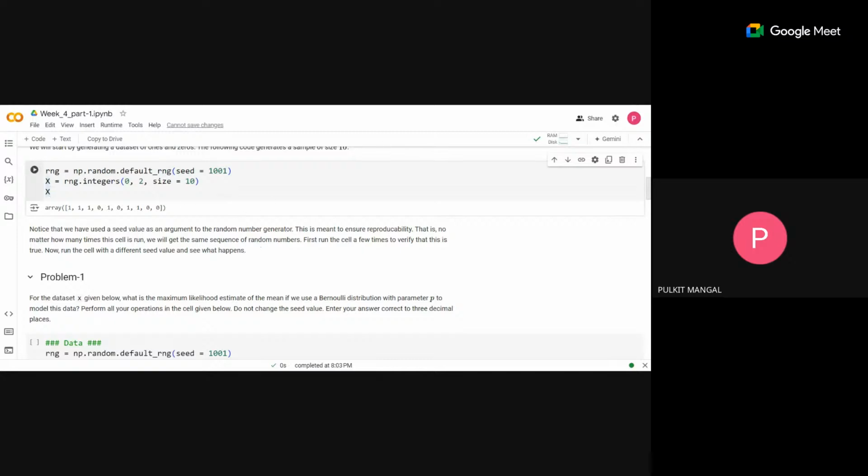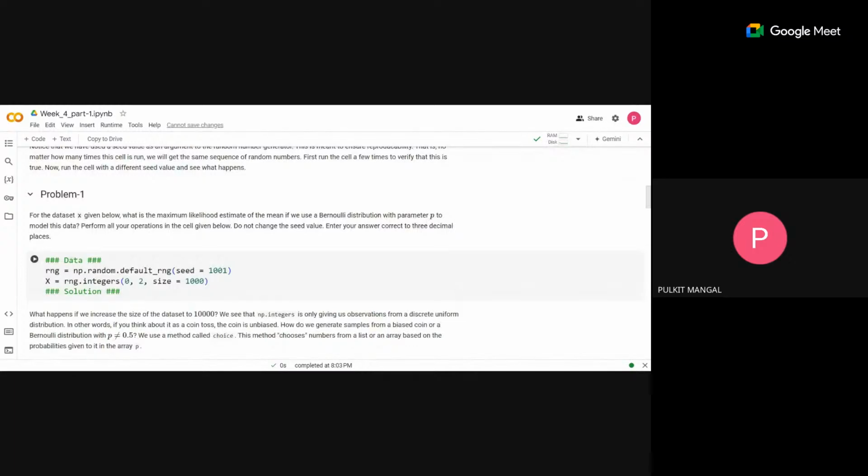This code cell was just to illustrate how random sampling works in NumPy and what is meant by the seed value. Now we will come to problem 1. Problem 1 says, for a data set X given below, what is the MLE of the mean if we use a Bernoulli distribution with parameter P to model this data?